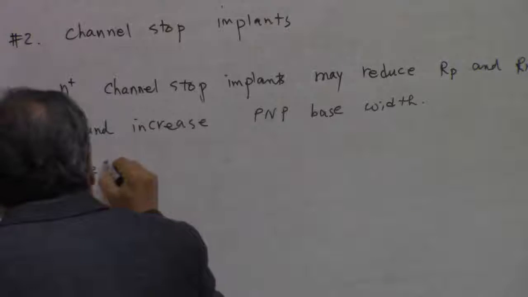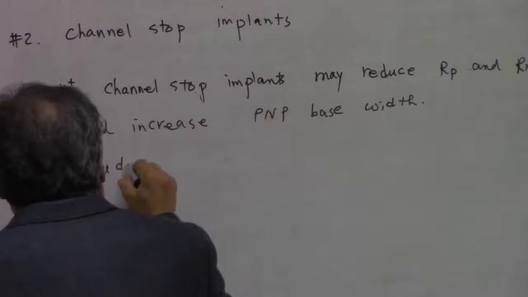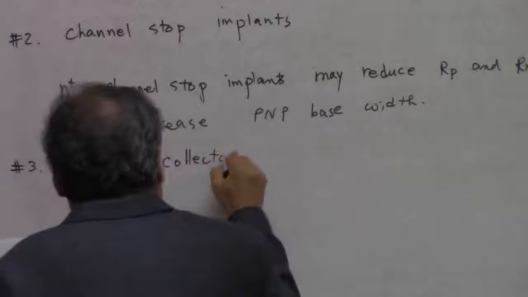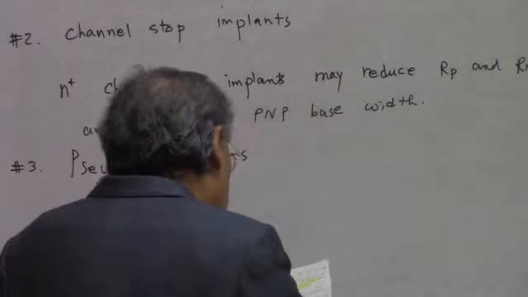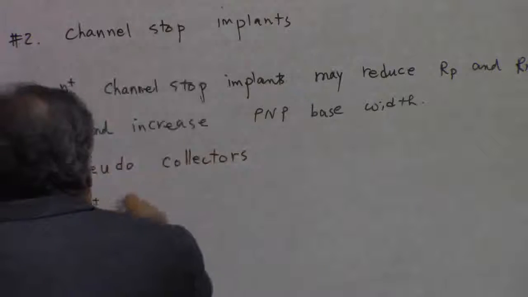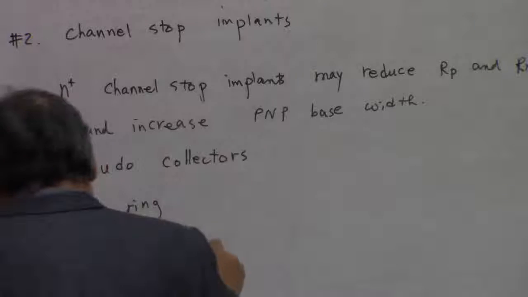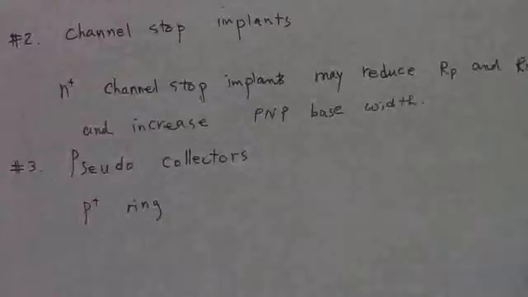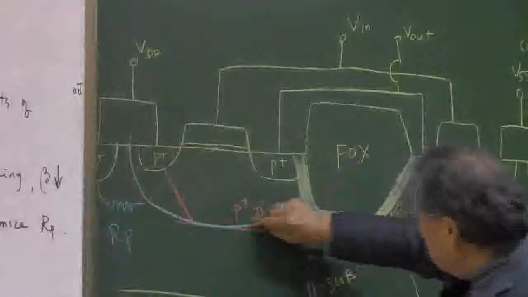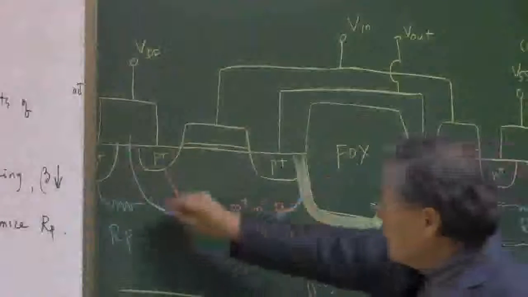And we can also have pseudo collectors. This pseudo collector is going to be a P plus ring around the device, such that we're going to build a P plus ring on this device, something like this.